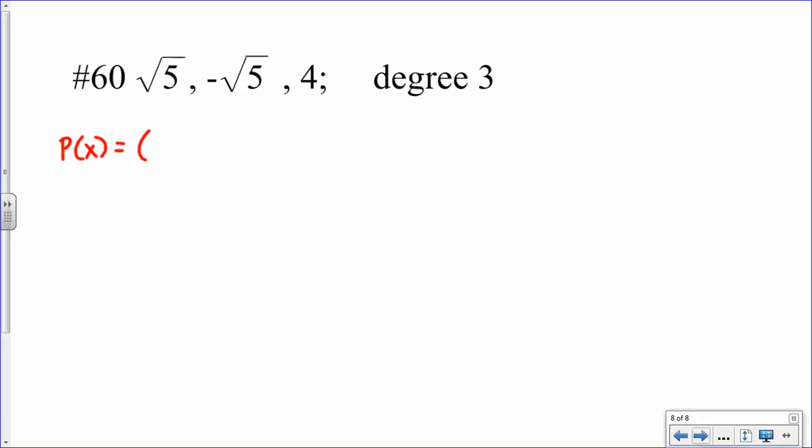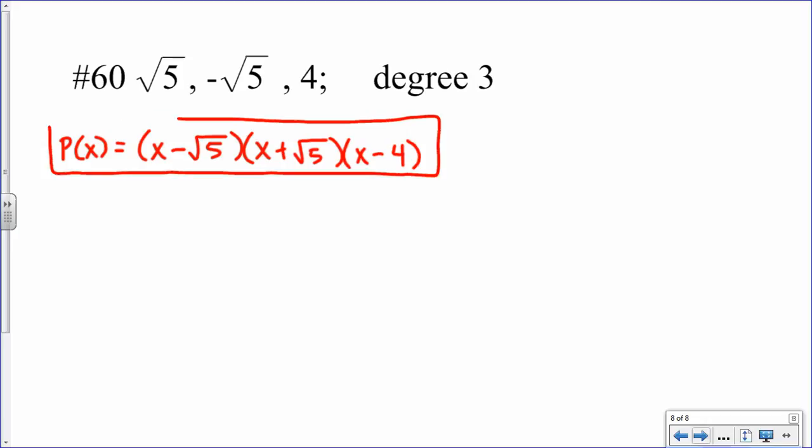So it's positive square root of 5, which means I have to do x minus square root of 5, and then x plus square root of 5, and then x minus 4. Okay? That's factored form. Standard form, multiply it out.